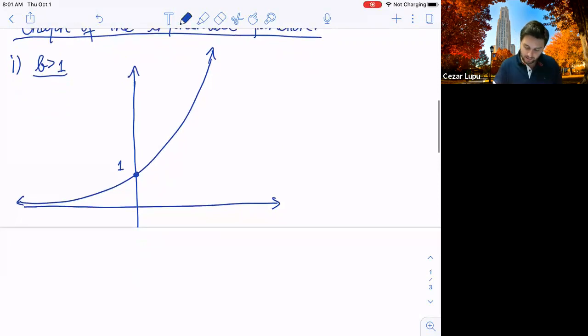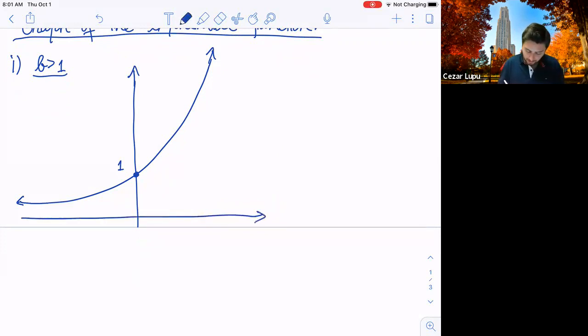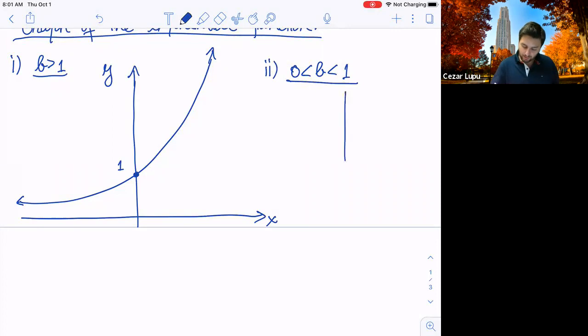The second scenario, let me put x and y. The second case is when b is between 0 and 1, so b is greater than 0 and less than 1, and the graph of this will look something like this.